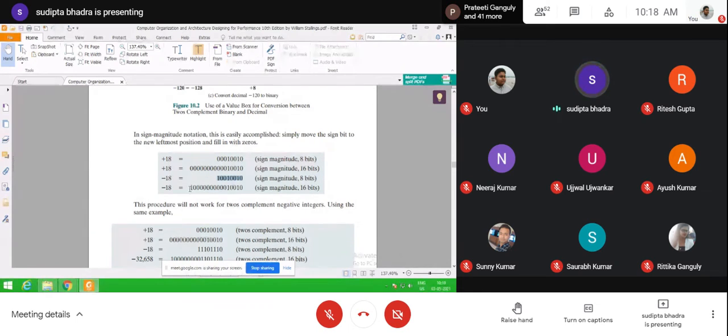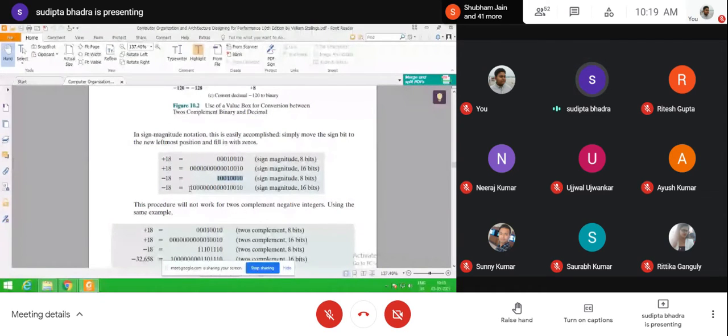Because what is the convention for the MSB in sign magnitude? The convention is that MSB is 1 in case of a negative number, and 0 in case of a positive number.